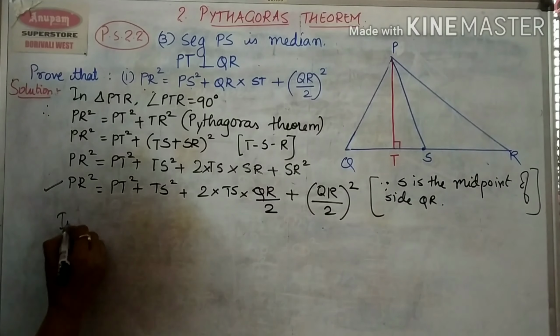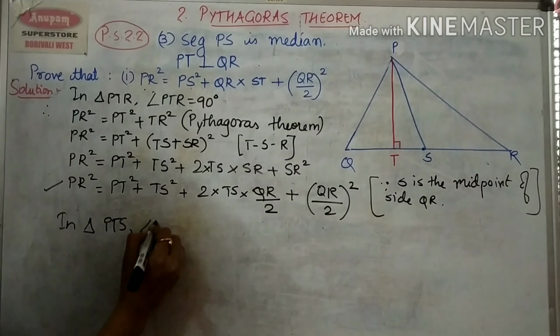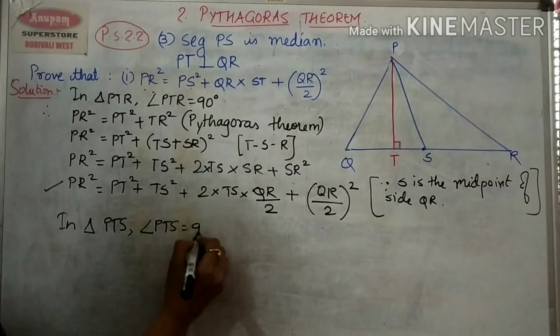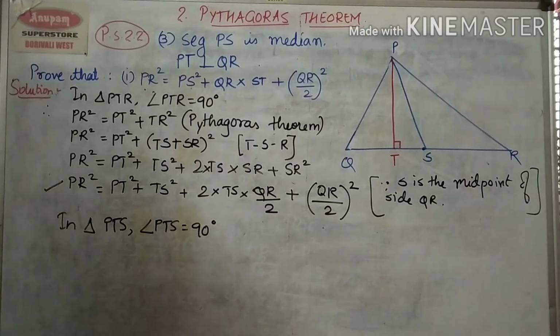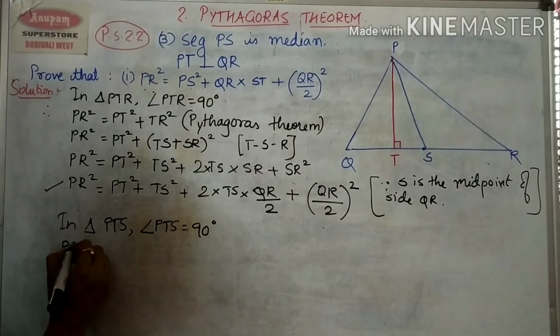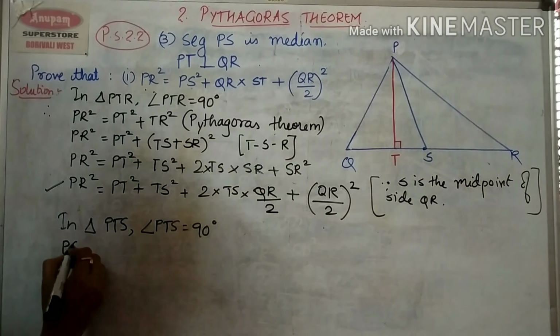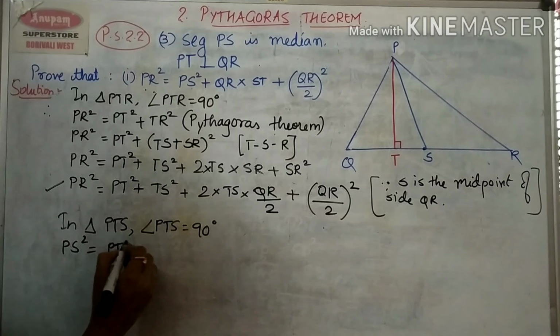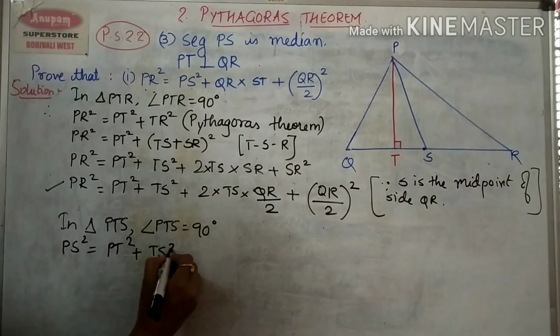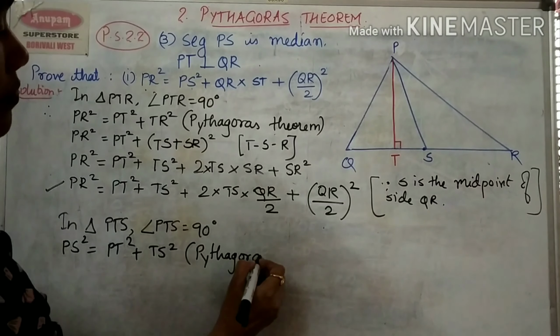I'll say in triangle PTS, angle PTS is equal to 90 degrees. Since it is 90 degrees, I'll say PS square is equal to PT square plus TS square. The reason will be Pythagoras theorem.